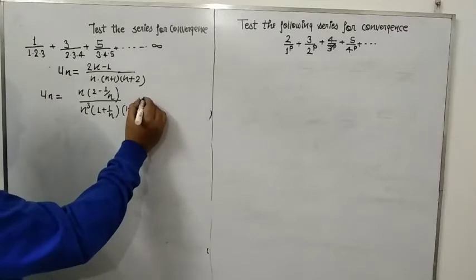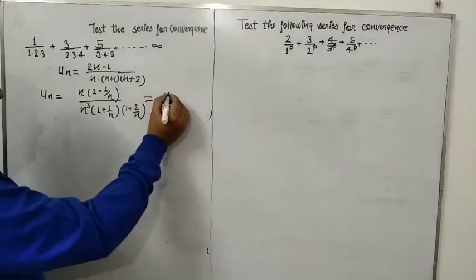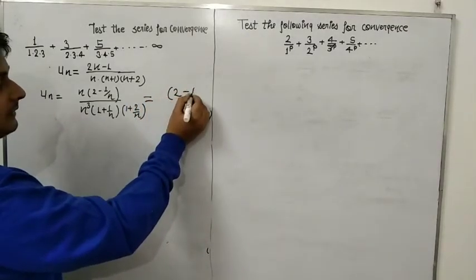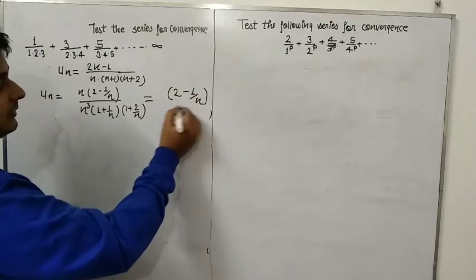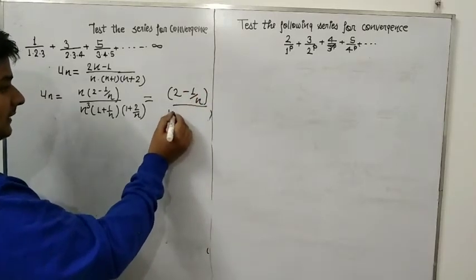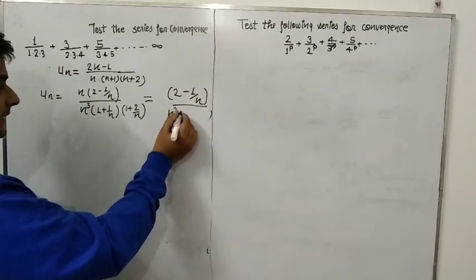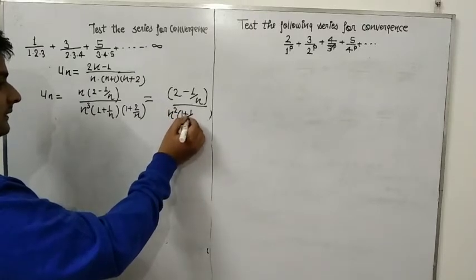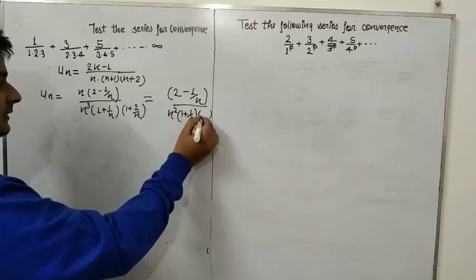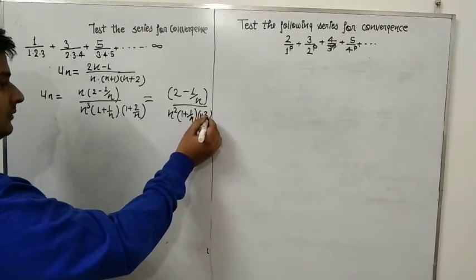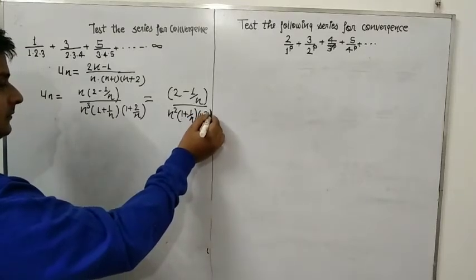So this is n cube. Again we simplify it and we obtain (2 minus 1 by n) in the numerator, and in the denominator (1 plus 1 by n) and (1 plus 2 by n).